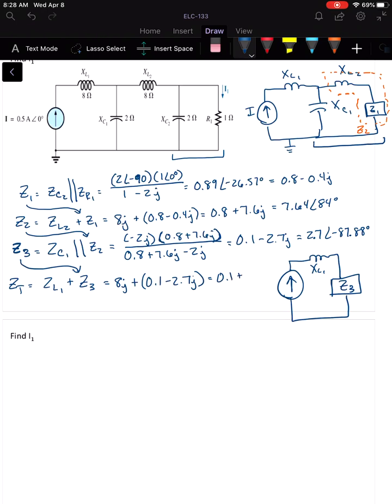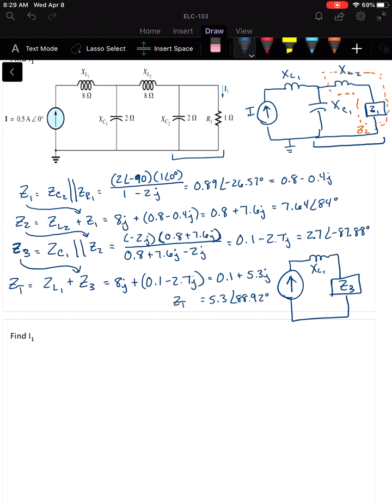So 0.1 plus 5.3J is the rectangular form, or about 5.3 at an angle of 88.92 degrees for ZT.